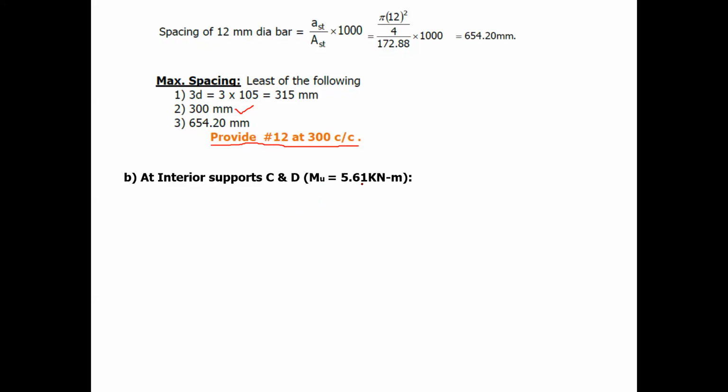Got Mu value? Is there any doubt? No, sir. Okay. So now calculate the AST by using the Mu formula, as per the IS 456, page number 96. Check how much you are getting AST value.